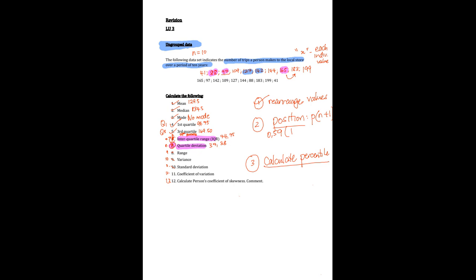So that's 11. So here you're going to say 0.59 times 11, and that would be 6.49. So the 6.49th value in your data set is your 59th percentile.